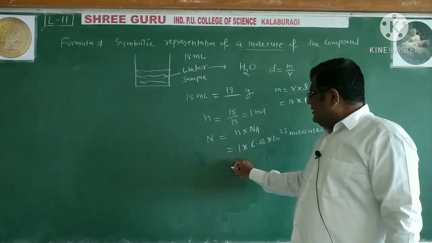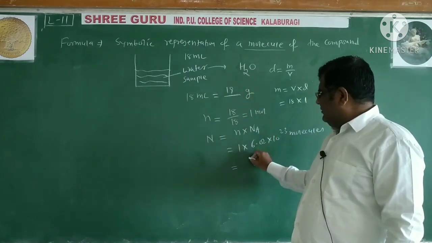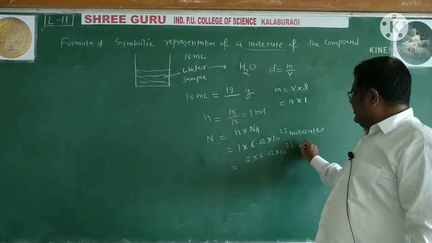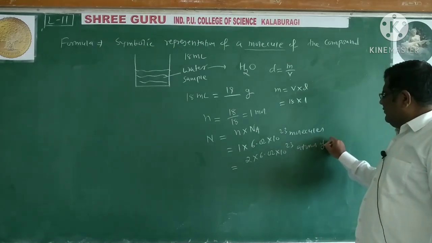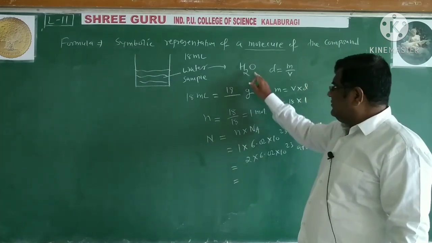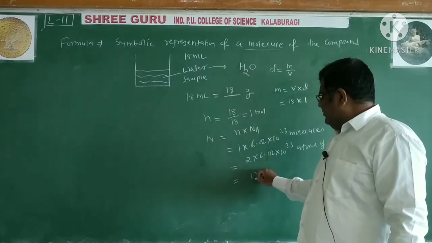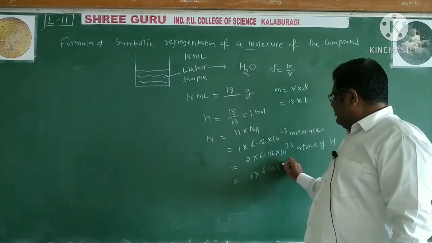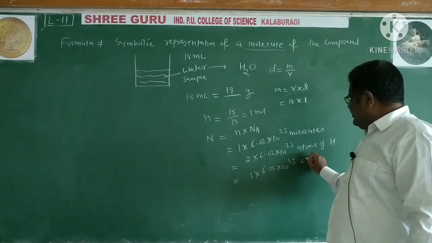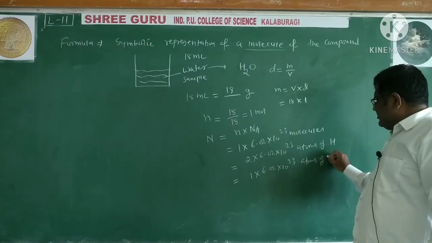How many hydrogen atoms? 2 are there. 2 into 6.02 into 10 to 23 atoms of hydrogen. How many oxygen atoms? 1 oxygen atom. 1 into 6.02 into 10 to 23 atoms of oxygen.